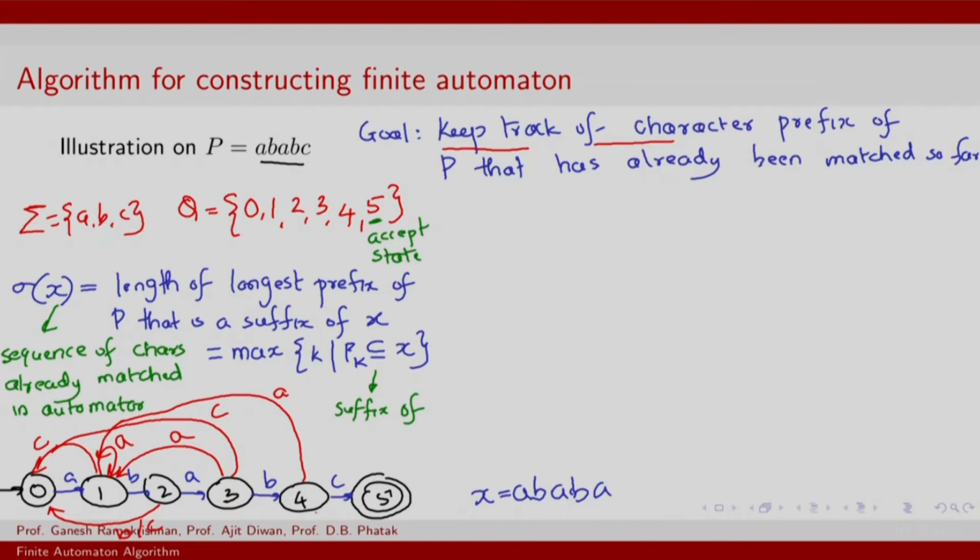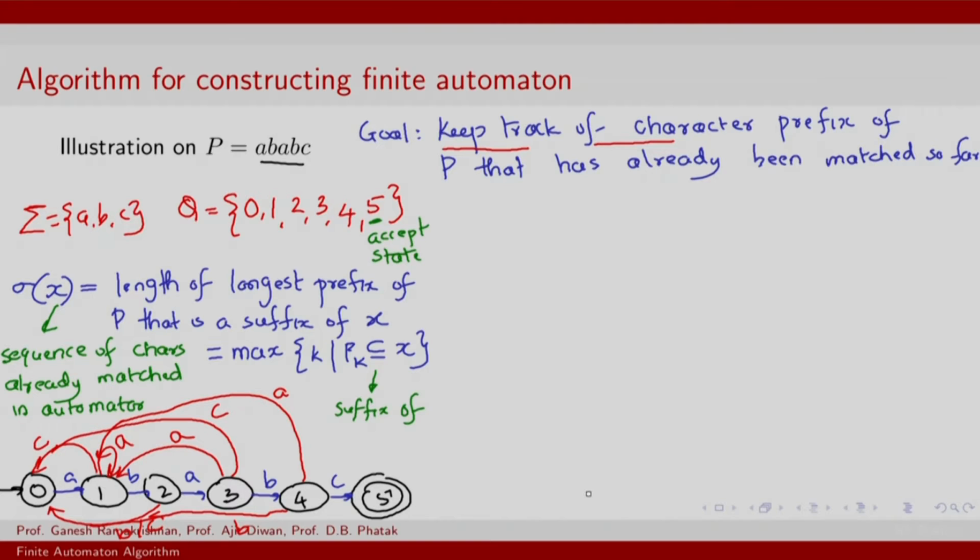A B will take me back to state number 0, and a C will take me to the accept state. So this is the story of this longest prefix of P that is a suffix of X.